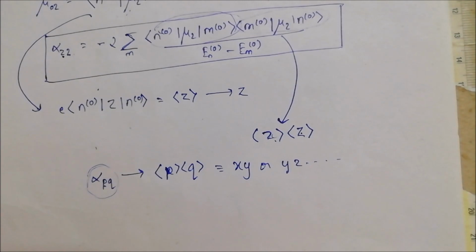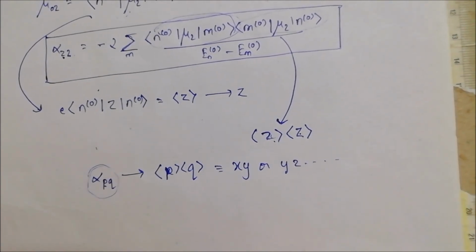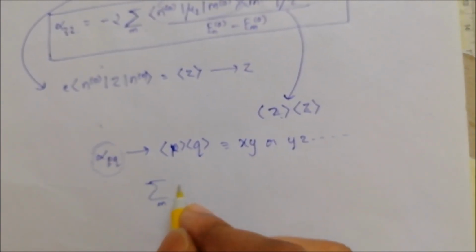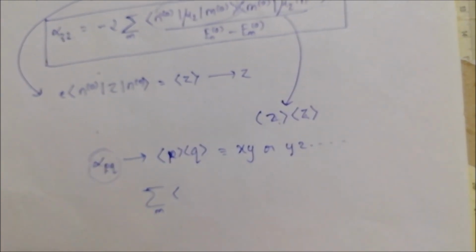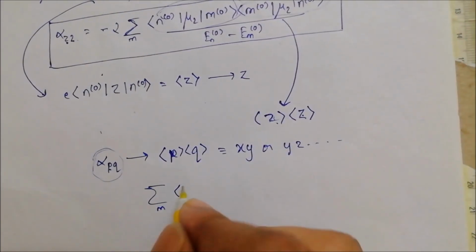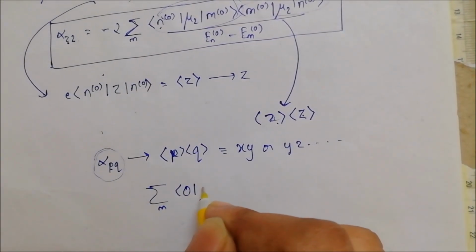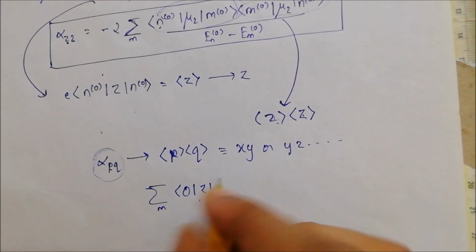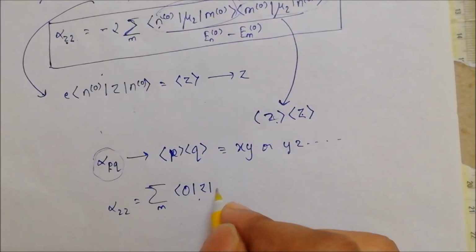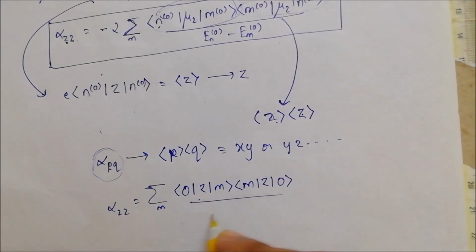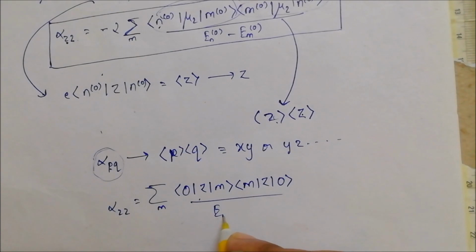Before going, I'd like to explain it in some different manner also. So this is a sum over existing states. Suppose this n0 is nothing but the ground state, and suppose alpha zz is like this, with E0 minus Em.